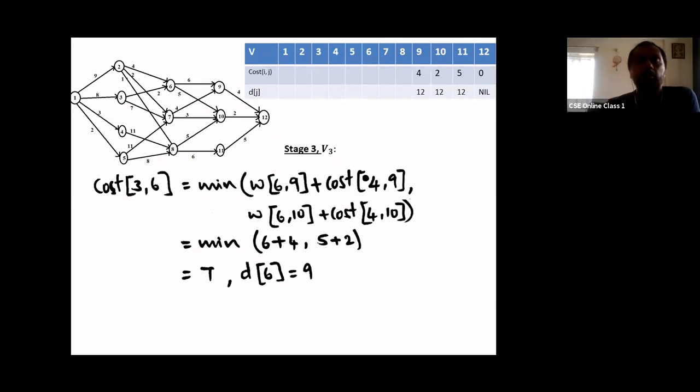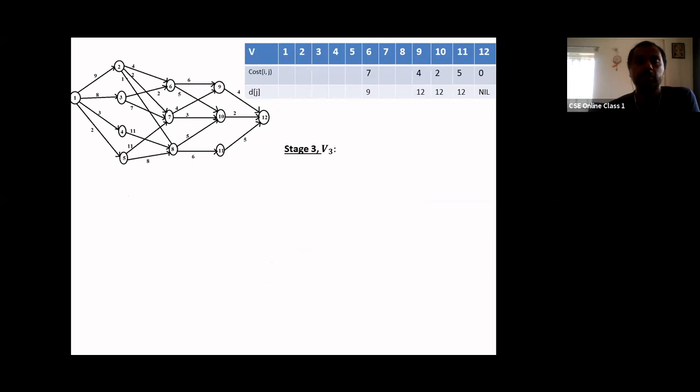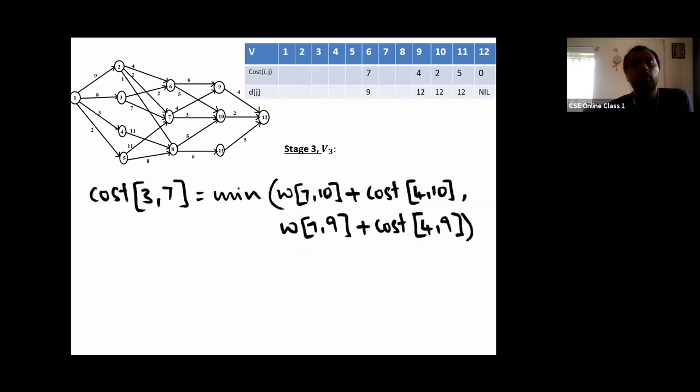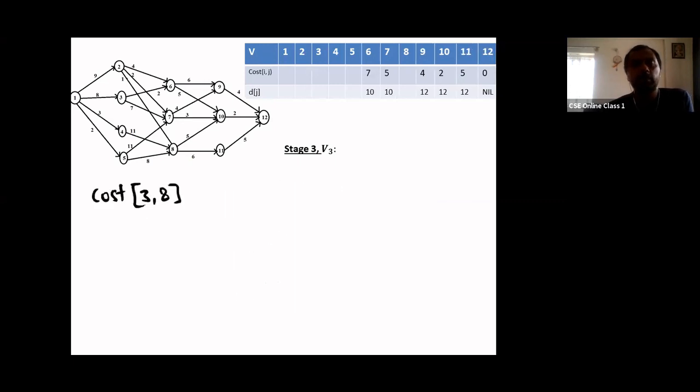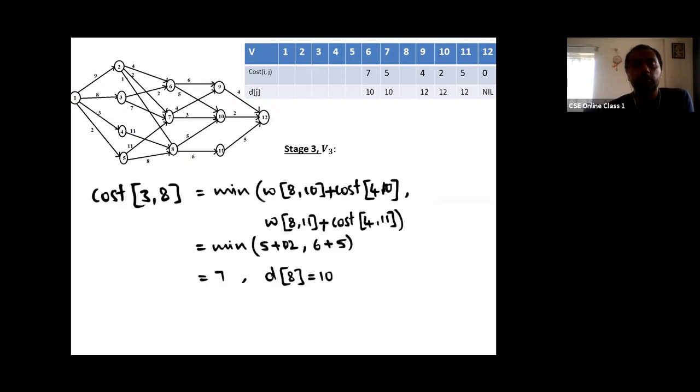So there we apply the minimum weight of connectivity from that vertex to the next stage vertex, plus the shortest path from that next vertex to the sink. And we have found this value. Likewise, we'll calculate the forward cost of 3,6, the cost of 3,7, and then 3,10.